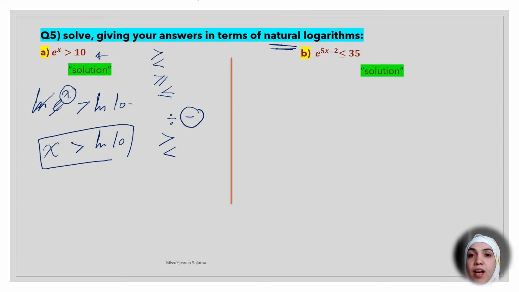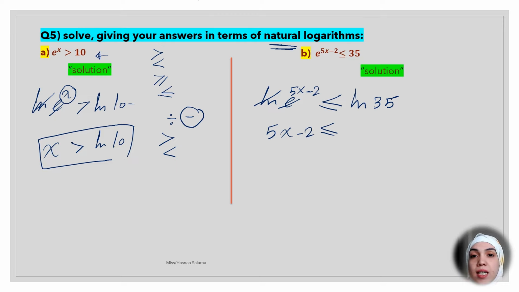e power 5x negative 2 less than or equal 35. Here we will write ln for both sides, because they cancel each other. So ln e power 5x minus 2 less than or equal ln 35. Don't forget the ln for both sides, not only one side. They cancel, so I have 5x negative 2 less than or equal ln 35.